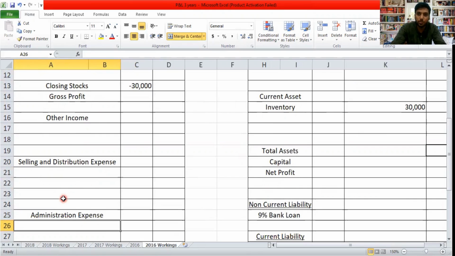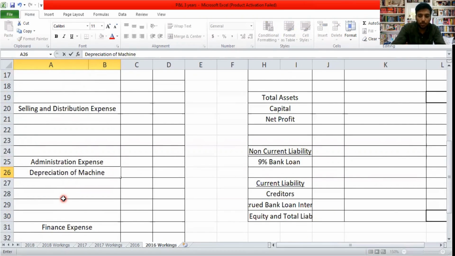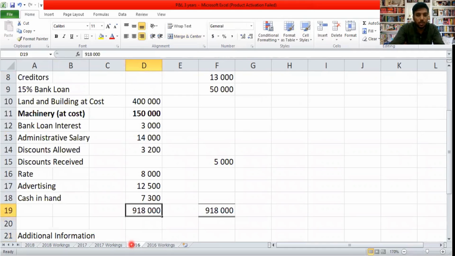But here, administration expense means the machine is used for day to day. So we say machine as an administration expense. So depreciation of the machine should come under administration expense. So depreciation of machine. I'm recording 15,000 here. I'm done with that. So I move on to 2016 again.